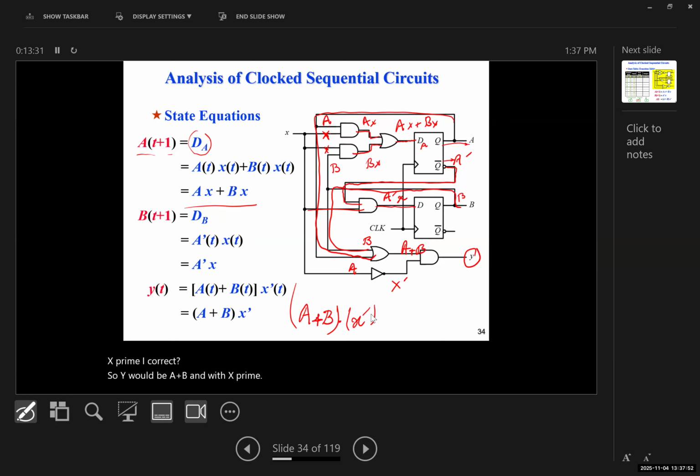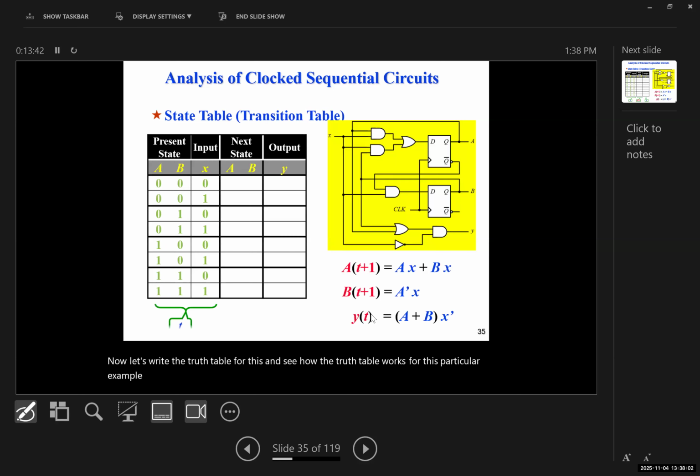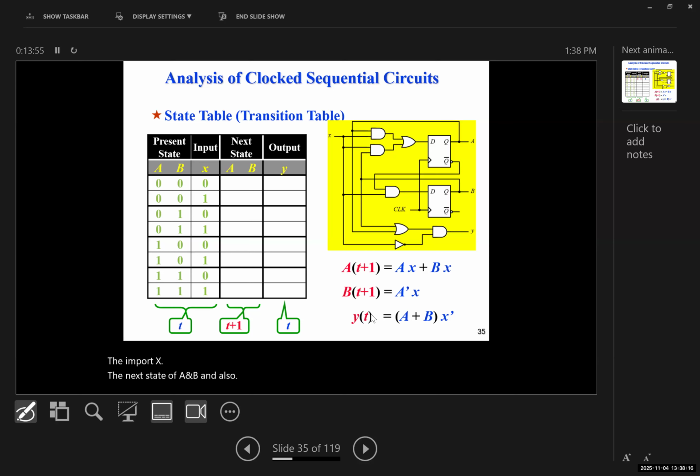Is it clear? Now let's write the truth table for this and see how the truth table works for this particular example. So same examples. We have the present state of A, B, the input X, the next state of A and B, and also Y. The next state of A and B means QA and QB, by the way.